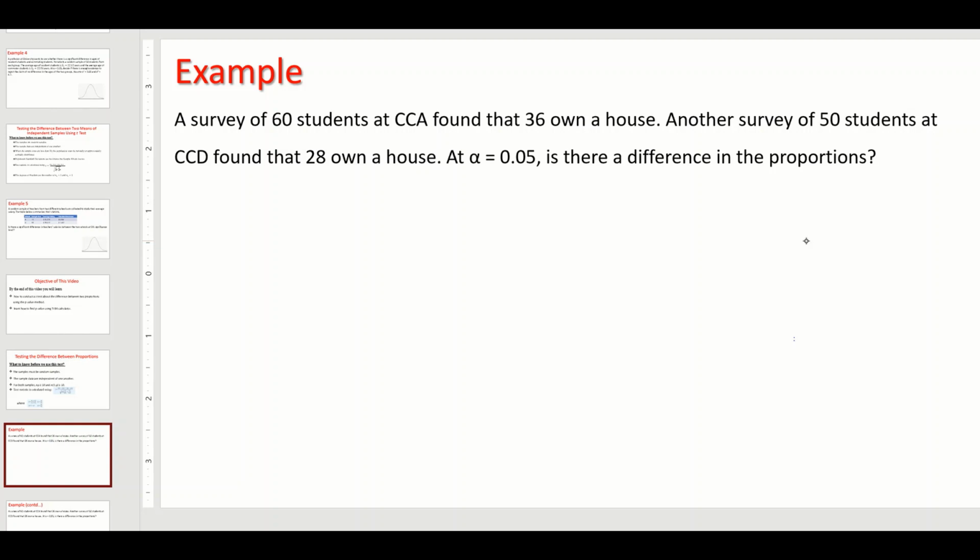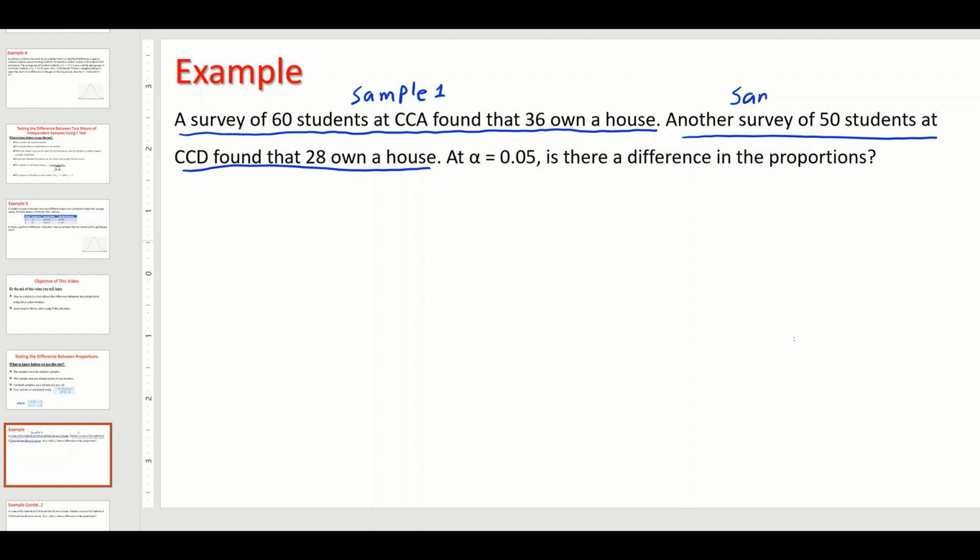The first one is the survey of 60 students at CCA, so let me consider that as sample 1. And the other survey of 50 students at CCD, let's consider that as sample 2.